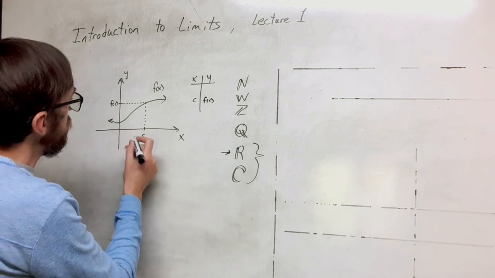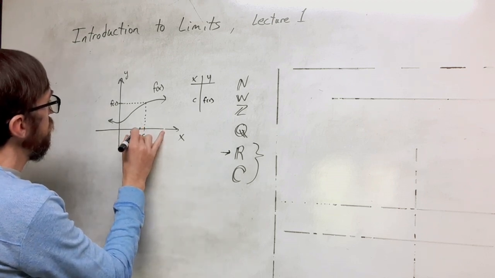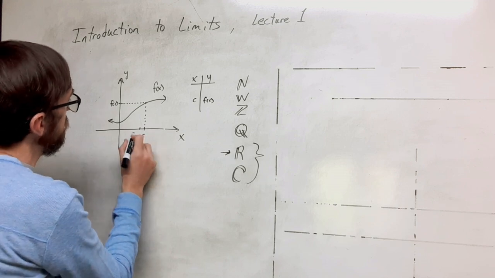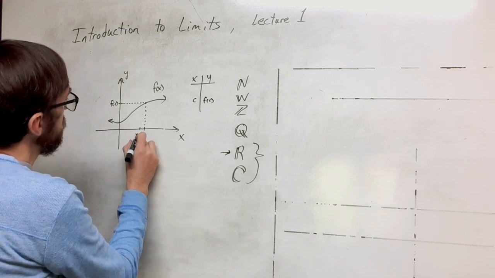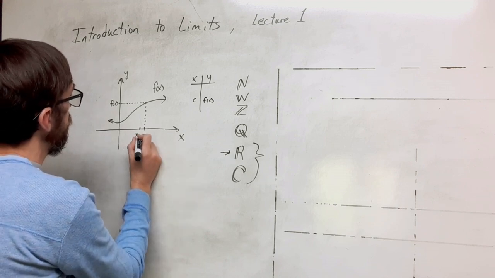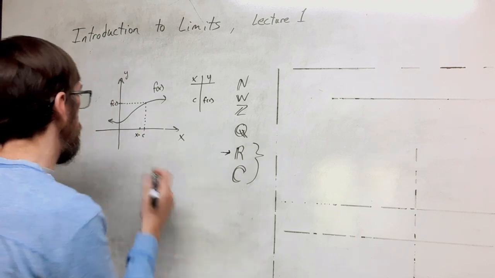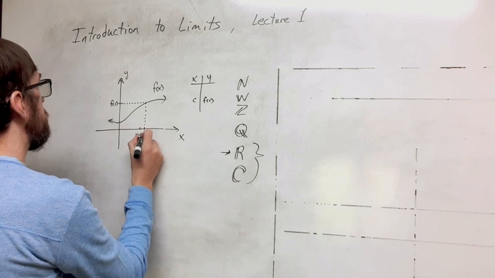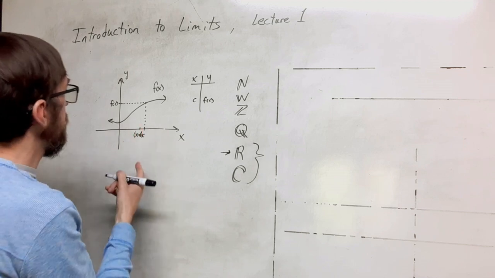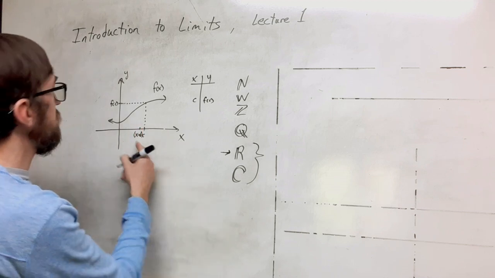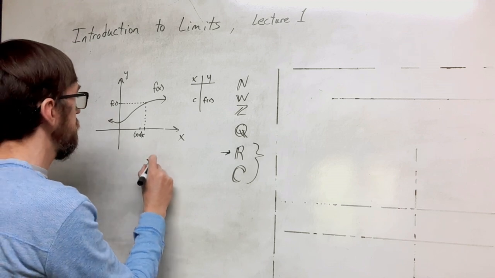So what if I choose an x value over here? This is c minus some other value, some tiny value. Let's call it delta. So if I have this c minus delta here, this is smaller than c.